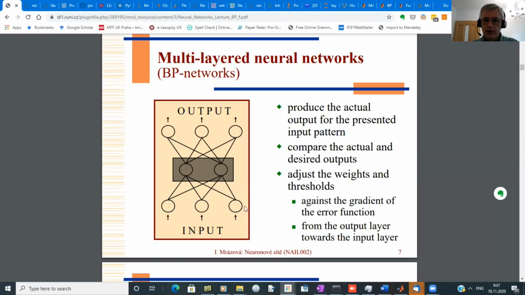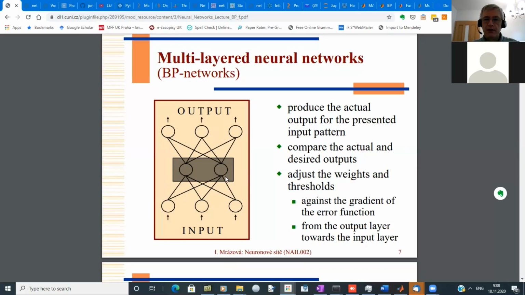The neurons in the input layer do not perform any computation, they just copy their input. So the input is a vector, which is put on the input neurons, and they send it to the neurons in the first hidden layer.